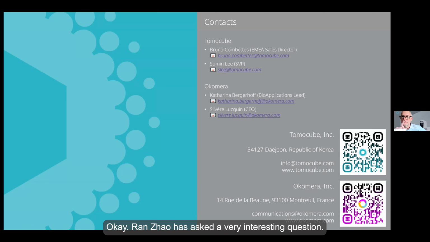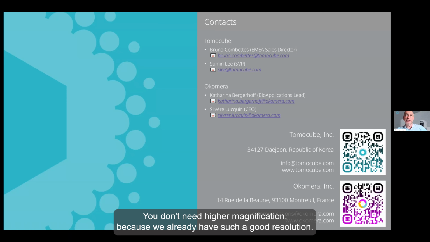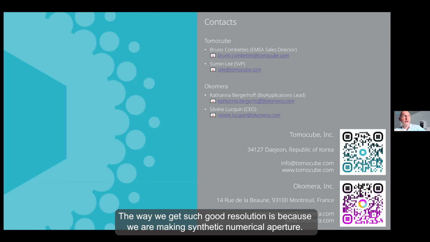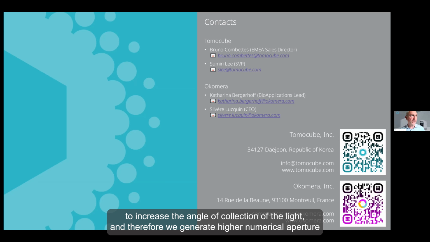Ron Zhao has asked a very interesting question. Is it possible to change objective to get higher magnification? Actually, Ron, you don't need higher magnification because we already have such a good resolution. The way we get such good resolution is because we are making a synthetic numerical aperture. We're using angles for the light, so we force the objective lens to increase the angle of collection of the light, and therefore we generate a higher numerical aperture.